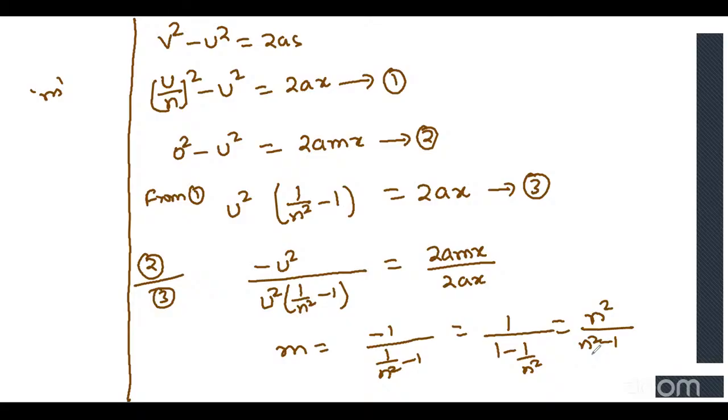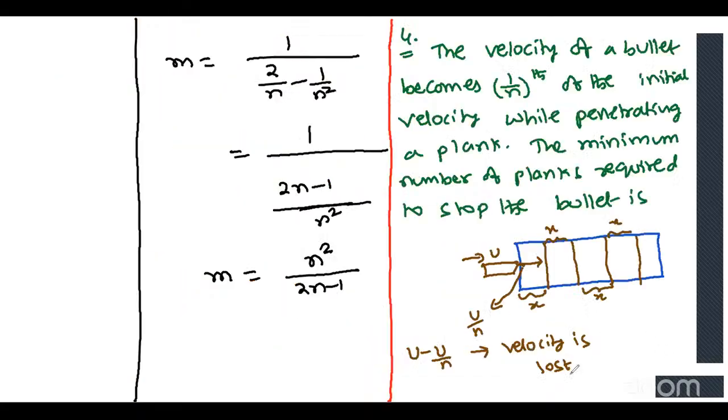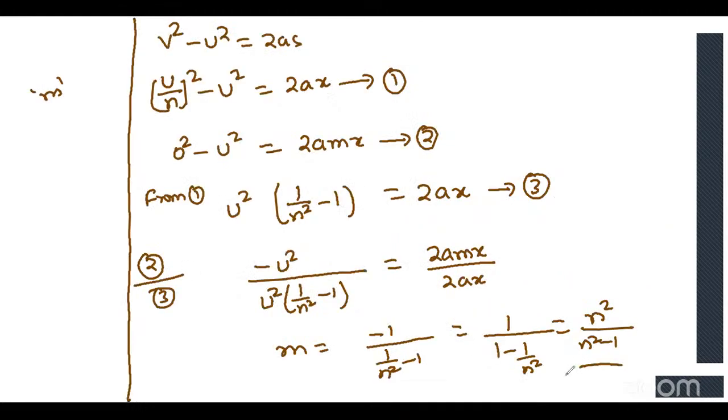See the difference. Since the velocity is lost, whatever velocity it penetrates the planks with determines the number of planks.